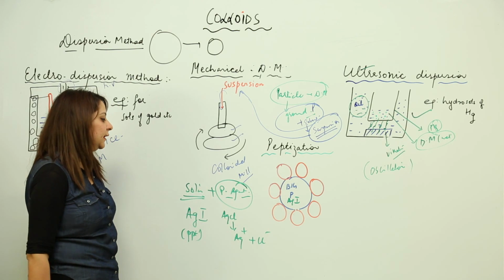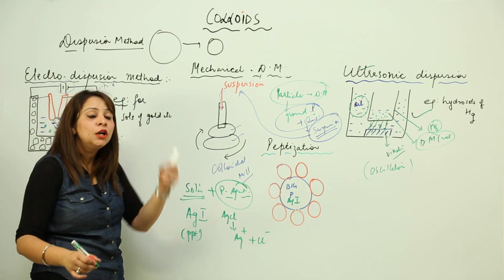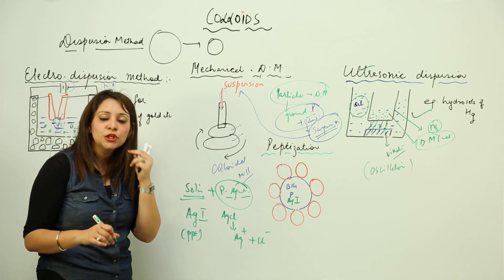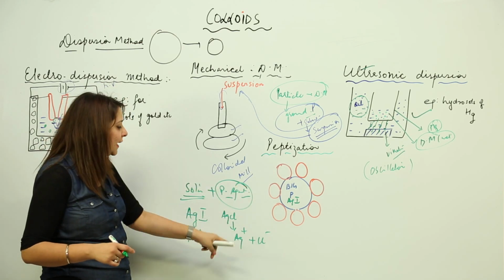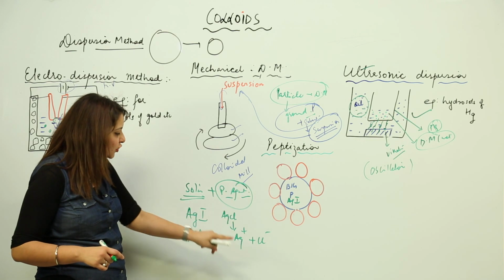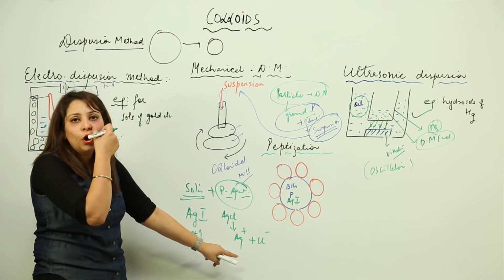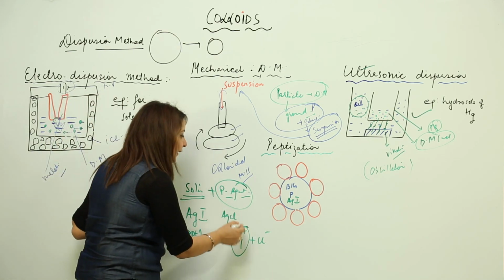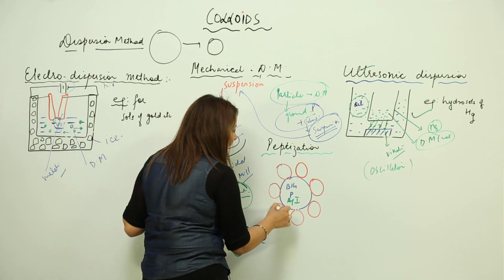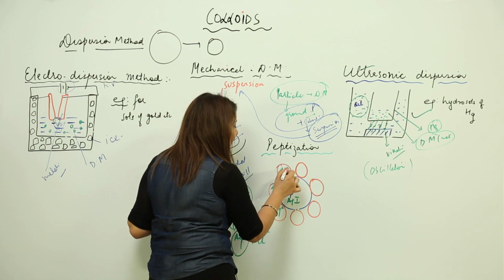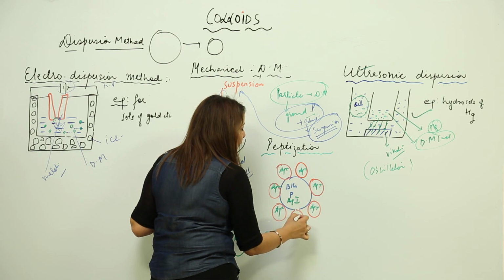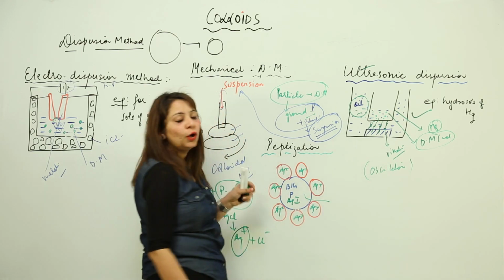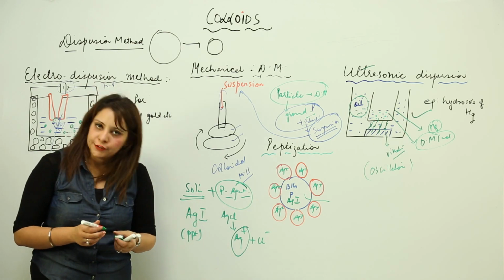Now this bigger particle is going to attract the ion of the peptizing agent that is common to them. This is AgI and that is AgCl. What is the common ion? Obviously it is the silver ion. So the silver ions will cling here, meaning they will get adsorbed on the surface, and they will further break this bigger particle into smaller particles in the range of colloidal particles.